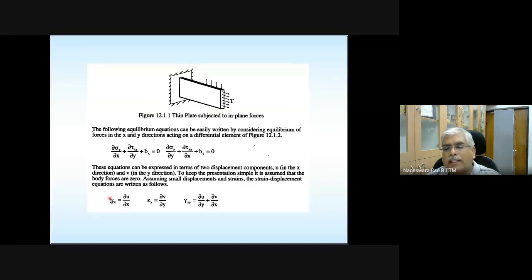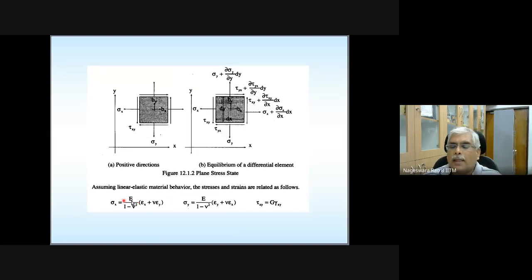So we can characterize the material using these two independent material parameters, modulus of elasticity and Poisson's ratio. Stress is related to strain through those material parameters, assuming linear elastic material behavior. That means we are assuming the material satisfies Hooke's law, that is, stress is proportional to strain.